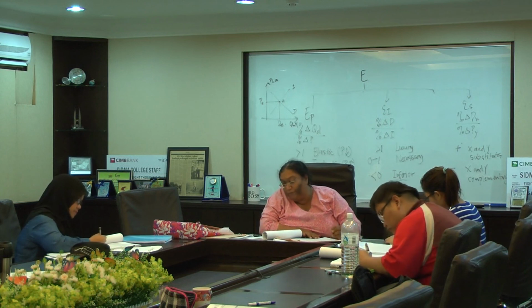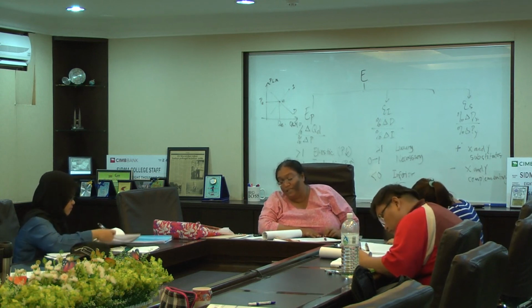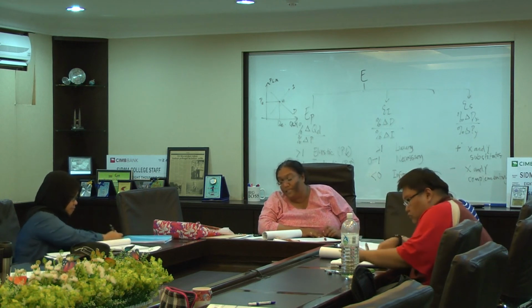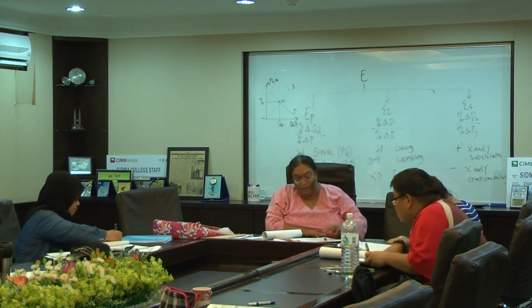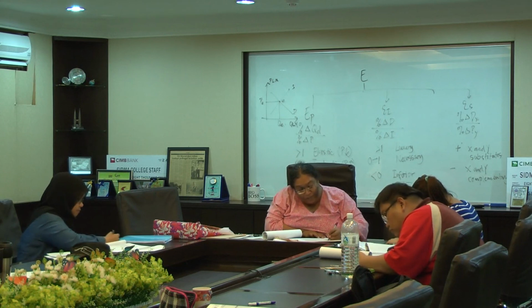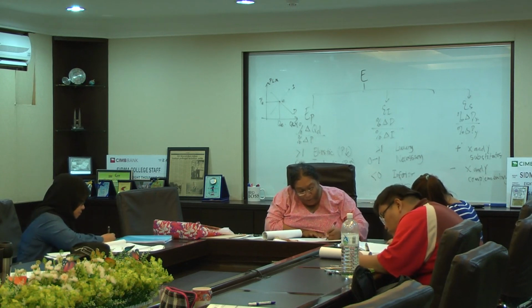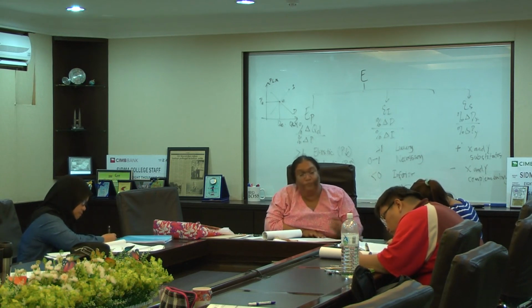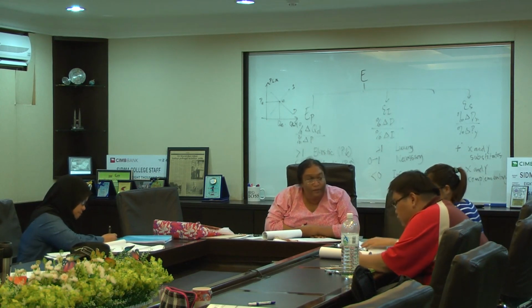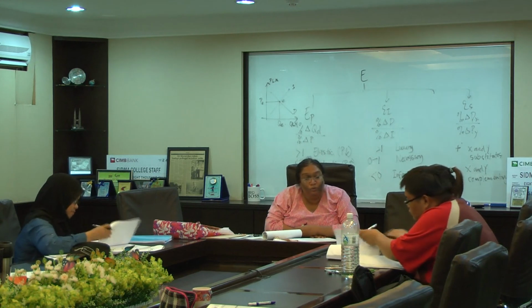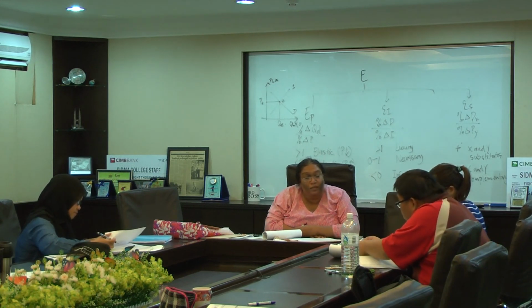Okay, G. Find the price elasticity of demand when the price level increases from 2 to 7. So when the price is 2, what was the quantity demanded? We should look at the table. When the price is 2, what is the quantity demanded?